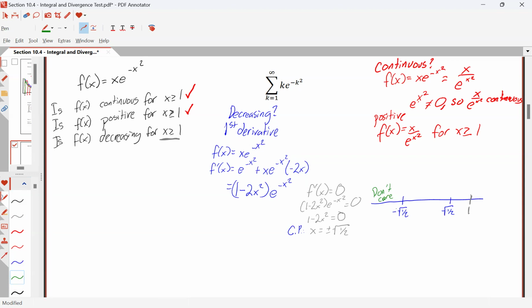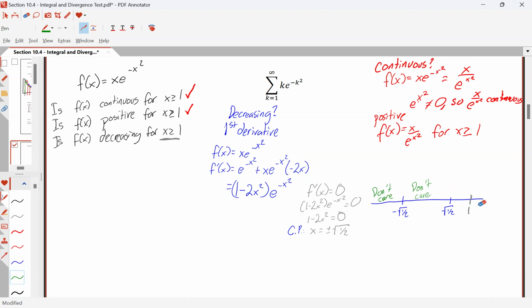Between negative square root 1/2 and square root 1/2, we still don't care. We only care from square root 1/2 onward because we care about 1 onward.